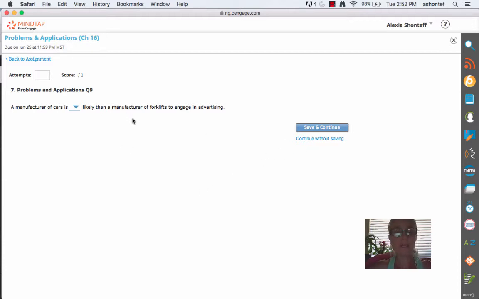Probably the easiest one should have been at the beginning, but just a quick reminder here. You're to click on which one of these, if we were making a comparison, if we were in the car business versus forklifts, which one would probably advertise more? So think about this as number of customers.